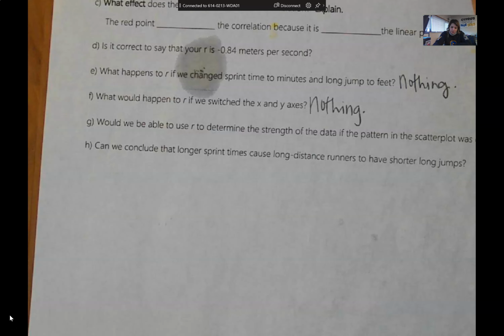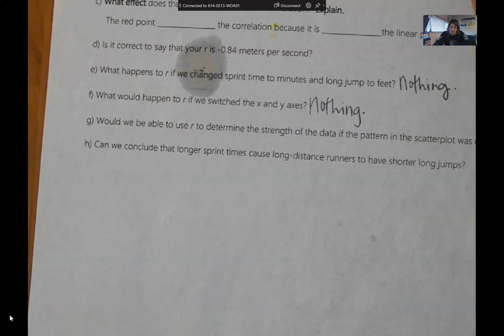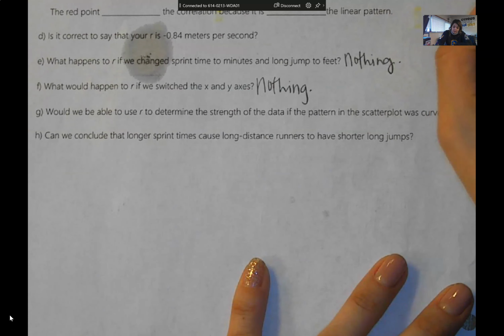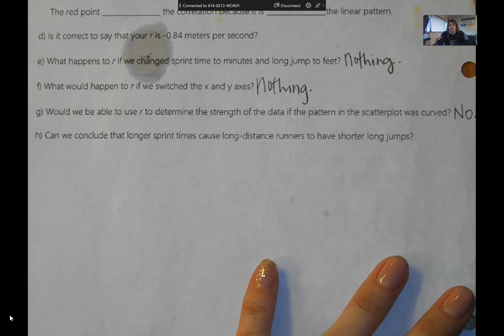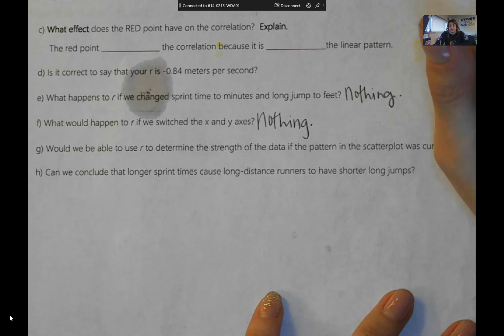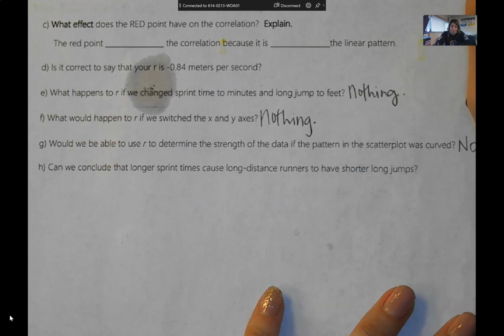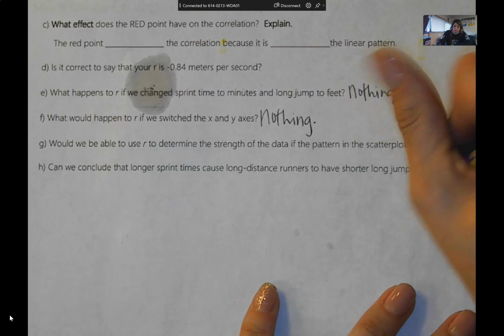Would we be able to use R to determine the strength of the data if the pattern in the scatter plot was curved? No, because R only applies to linear data sets. Last, can we conclude that longer sprint times cause long distance runners to have shorter long jumps?